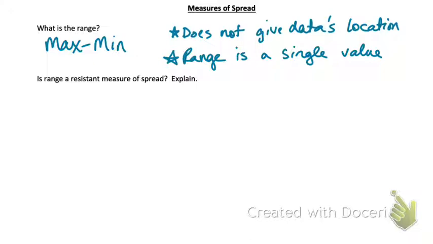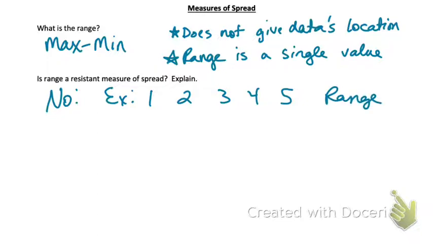Yeah. So the answer is no, and it really takes one very quick example to prove this. So my very favorite data set, 1, 2, 3, 4, 5, has a range of 4. If I change the extreme value of 5 to 50, what is now the range? 49.